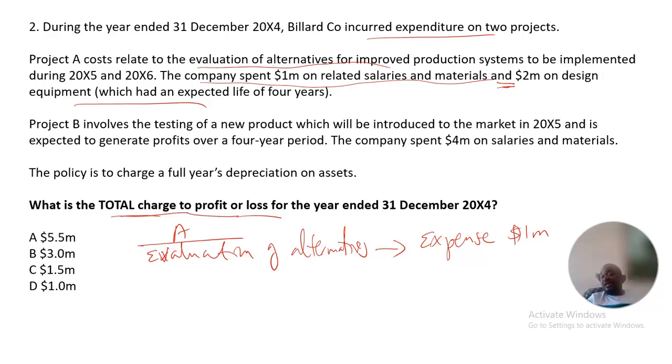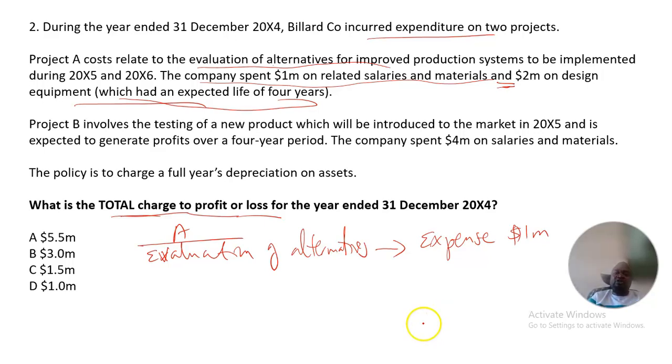The evidence we have is that it was an expenditure on something that has been developed or that has reached a development stage, because we are also told of an expected life of that. So this particular equipment should qualify to be treated as a development cost.